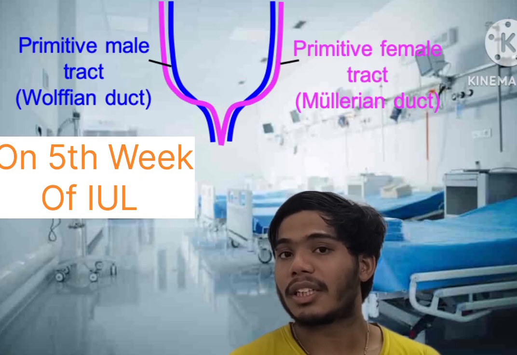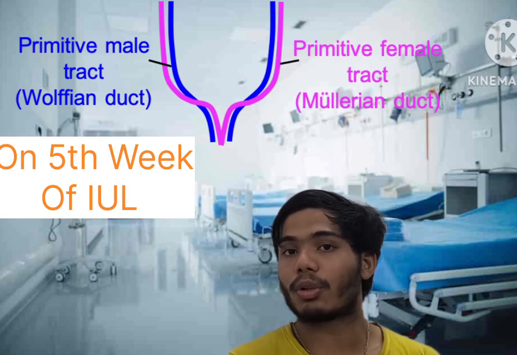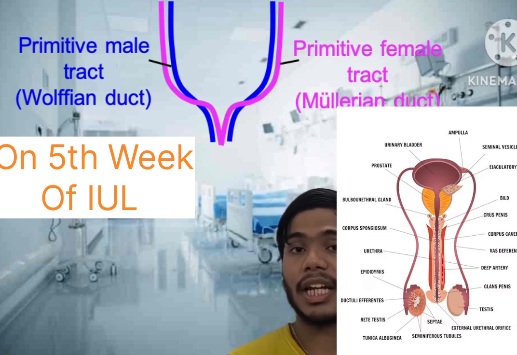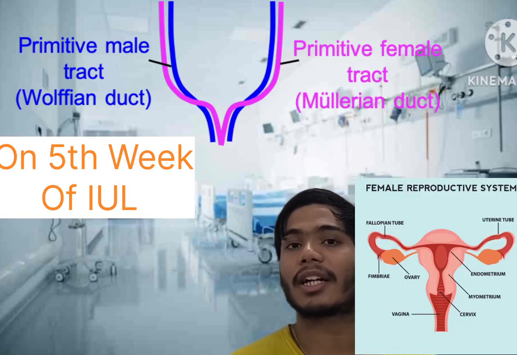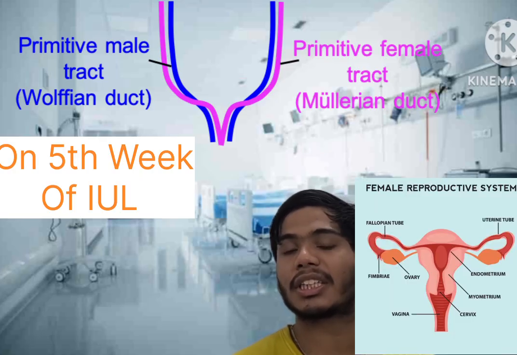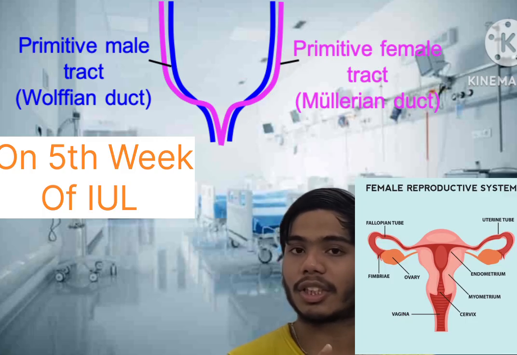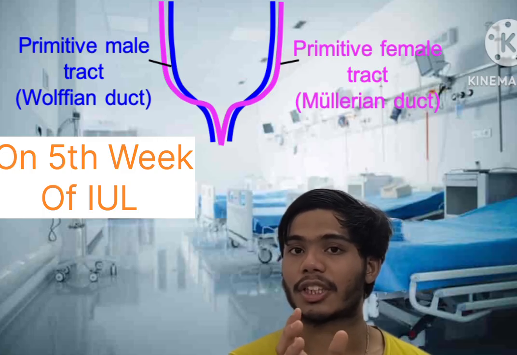From these Wolffian ducts in future the male reproductive organs will develop, like testes, scrotum, penis, all these things. And from the Mullerian ducts in future uterus, ovaries, fallopian tubes and cervix will develop. So this is the condition of the fetus up to the 5th week of intrauterine life.